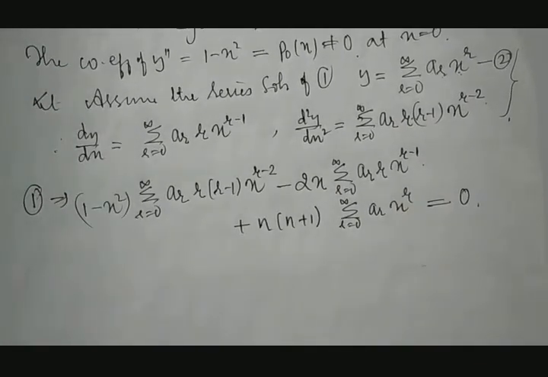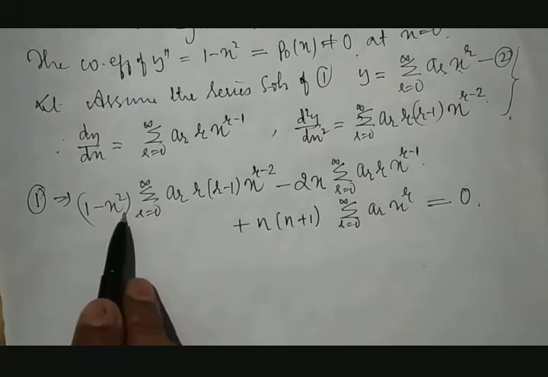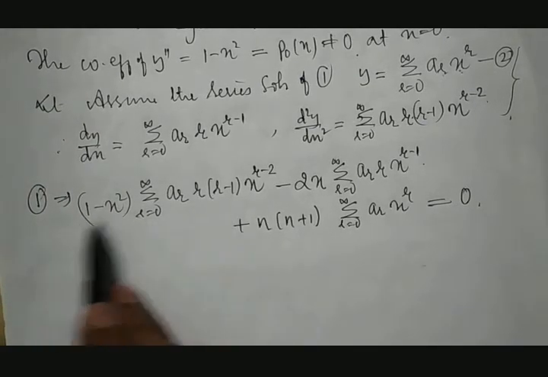Now 1 minus x² is multiplied with this, so let us take the group multiplication.